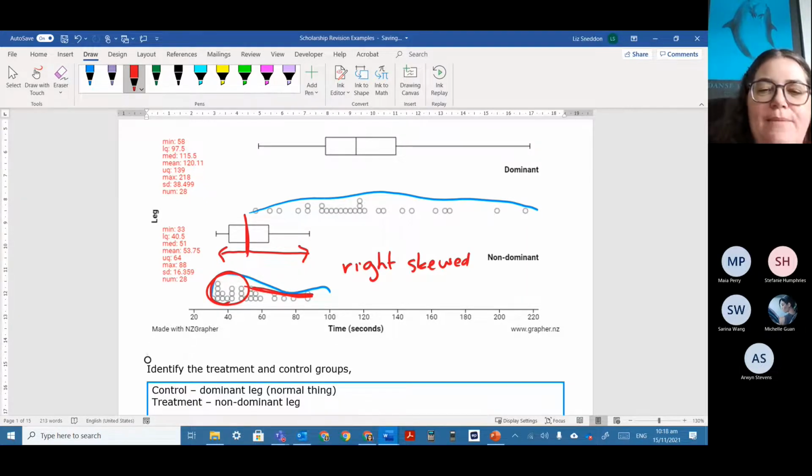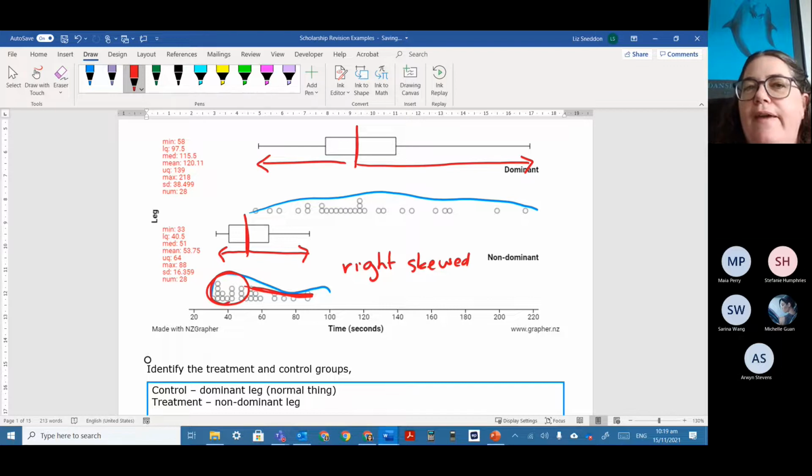But now I can use that same idea with my dominant group. If I look at that box plot and look where the median is and think, right, what's the distance on the right-hand side versus the left-hand side? Are they about the same, or have we got skewed data? Slightly skewed. And will we say left or right skewed?